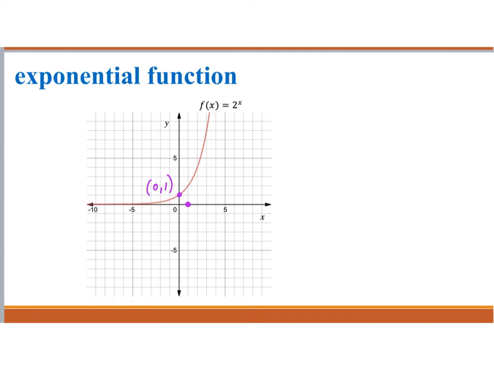Let's take another point, say this one, which is 2, 4. If we interchange the coordinates, it's 4, 2, which is right here. Now, that will already give you an idea of how the inverse would look.